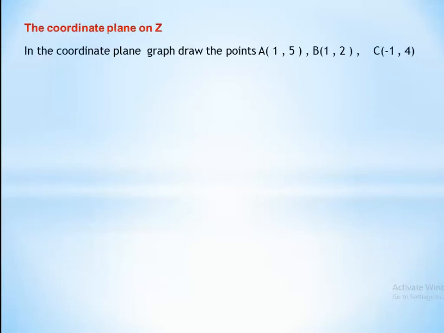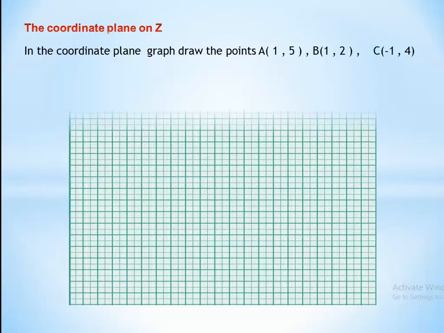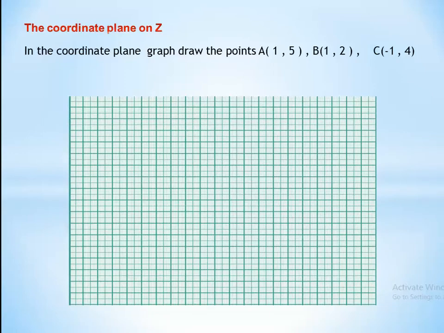Okay, let's see the coordinate plane. On Z, in the coordinate plane graph, draw the points A (1, 5), B (1, 2), C (-1, 4). Okay, let's bring a graph paper and start drawing the x-axis and y-axis. We know that on Z we have positive numbers and negative numbers. Okay, we know forward and backward.